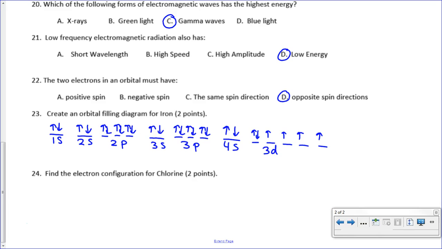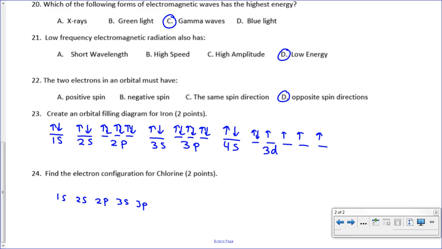For chlorine, we need to go through and do the electron configuration. You could make the orbital filling diagram, or you could just think about everything it has to go through. It has to go through 1s, then 2s, then 2p, then 3s, and then chlorine is in 3p.